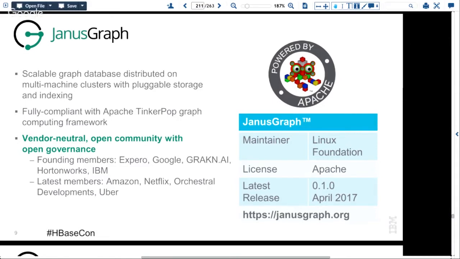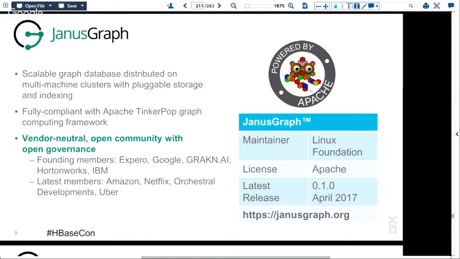So we got together. Some of our founding members are listed there: Hortonworks, IBM, Google, Expero, and we set up the JanusGraph project at the Linux Foundation so we can continue the idea of a distributed open source graph where people can come and work together on this graph database.